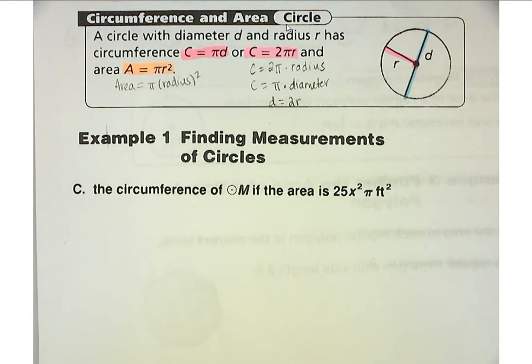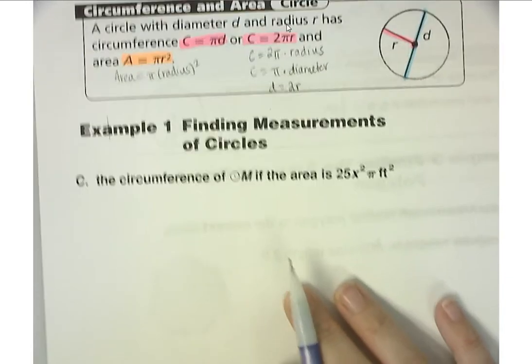If you were to take different circular objects and measure their circumference, which really is just the perimeter, the distance around the circle, and divide that by the diameter of the circle, you should get pi. You should get 3.14, which is a very special number in math.